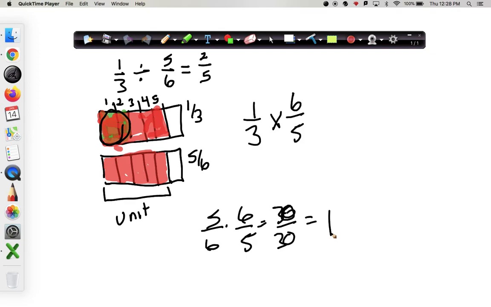So to divide by a fraction is the same as multiplying by the reciprocal, and this is equal to 6/15. 3 goes into 6 twice, 3 goes into 15 5 times. So either with symbols or with a picture, we get the answer of 2/5. So pause right here if you're writing this down, but I am going to delete this in just a moment, and we're going to do another one.